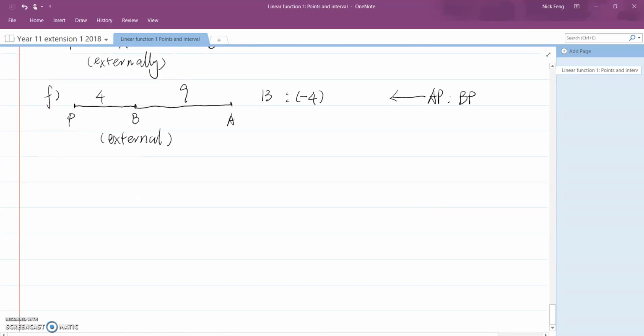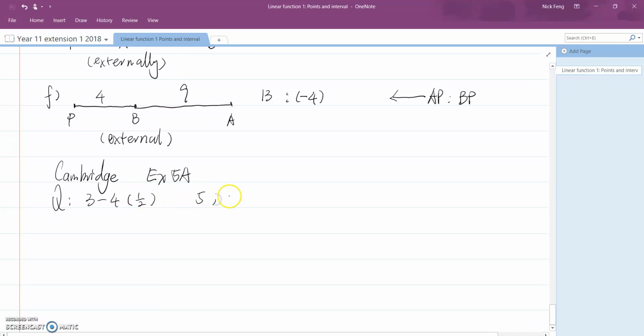Your work in here is Cambridge exercise 5A, questions 3 to 4 first. You can just do half of them.